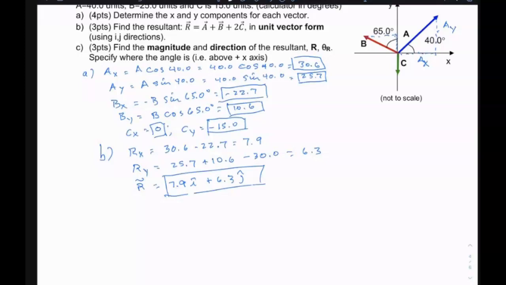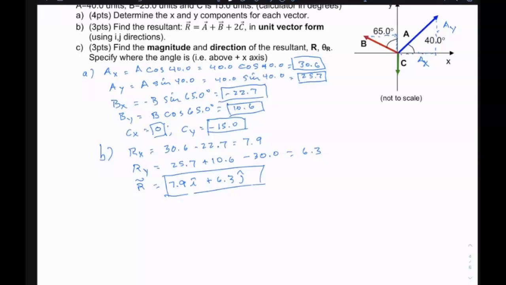Then in part C, we're asked to find the magnitude and the direction of the resultant vector r, and the angle that the vector r has with respect to the plus x-axis.